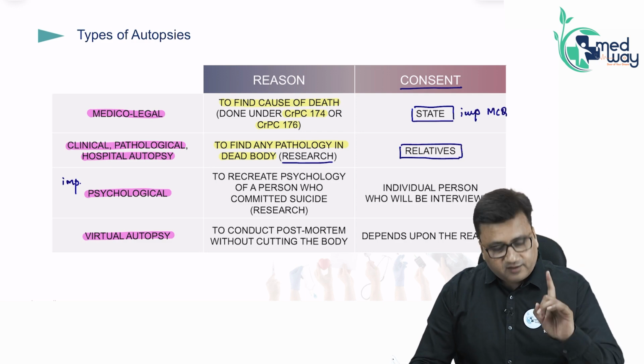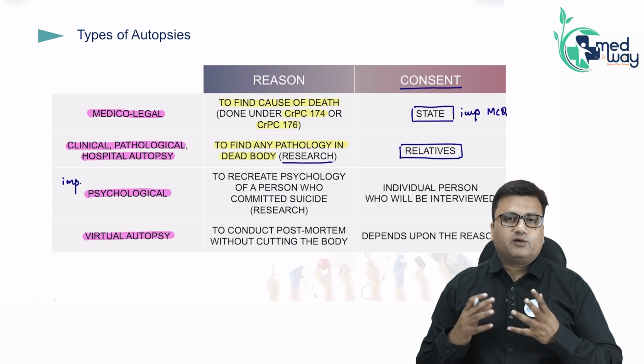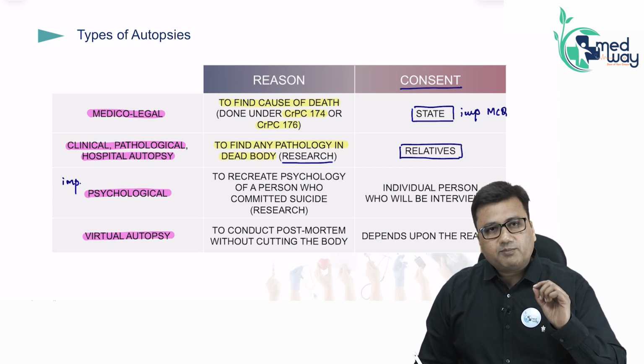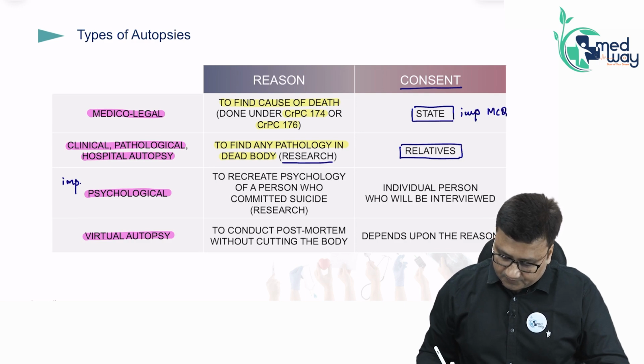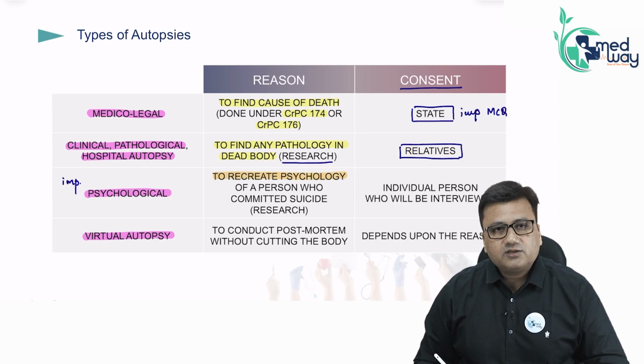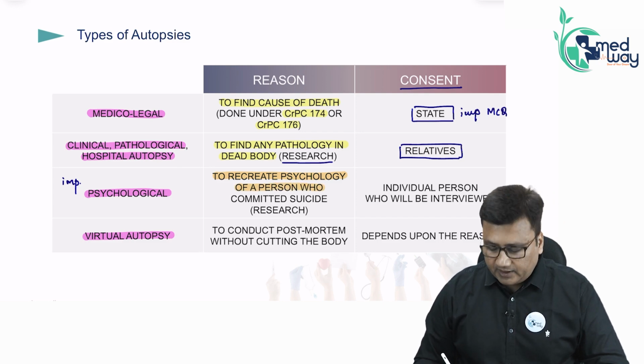Third form of autopsy is called psychological autopsy, yet another very important form to understand. Now, the first thing that we need to remember about psychological autopsy is that it is done to recreate the psychology of a person who committed suicide.